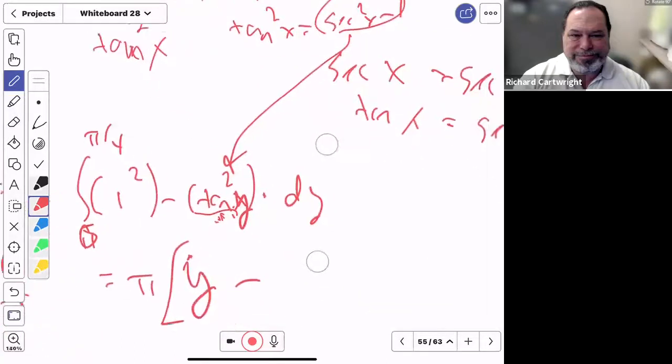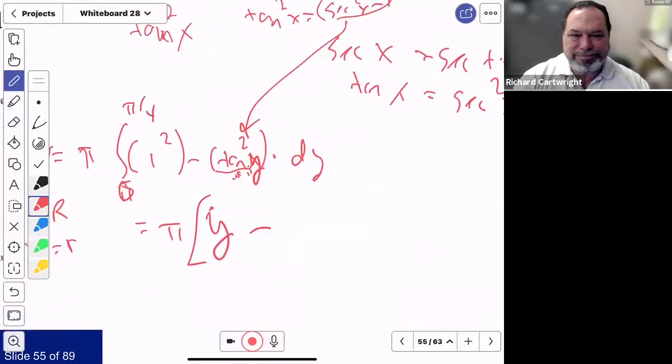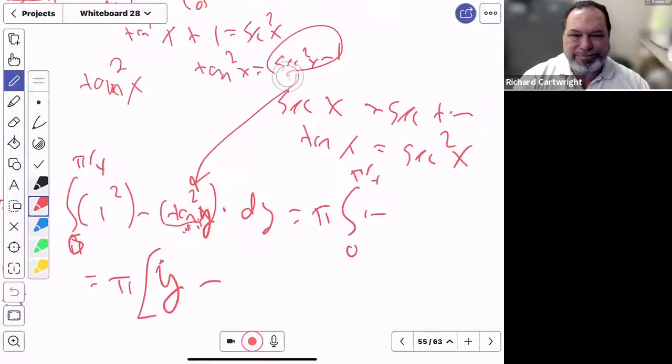No one told you everything's going to be easy. So that turns into pi integral of 0 to pi over 4, 1 minus this. So that gives me a minus 1, a plus 1 and a minus secant squared.